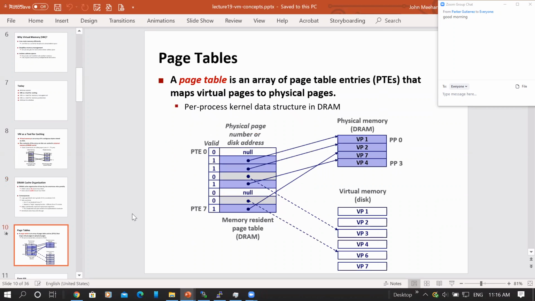So we're going to have a translation of the virtual address to the physical address. And in order to do that, we'll eventually see that there's some hardware helping us do this. But for right now, let's just think of a big thing called a page table. And so here's the virtual address space of a process. Think of that as a big monster hunk of disk space.